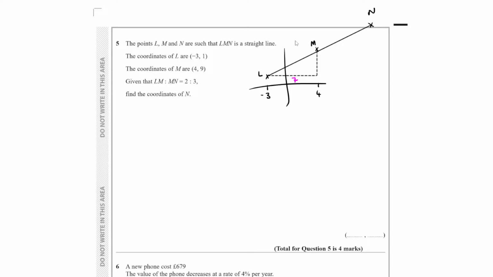And then do the same vertically. So L was at, what was it, at 1, I think. Yeah, 1. And M was at 9. So that vertical distance, no, it's not obviously to scale, is 8. And then I would just use that in the ratio to work out, therefore, what would be my horizontal distance here to get from M to N, and then also vertically. I would do that.